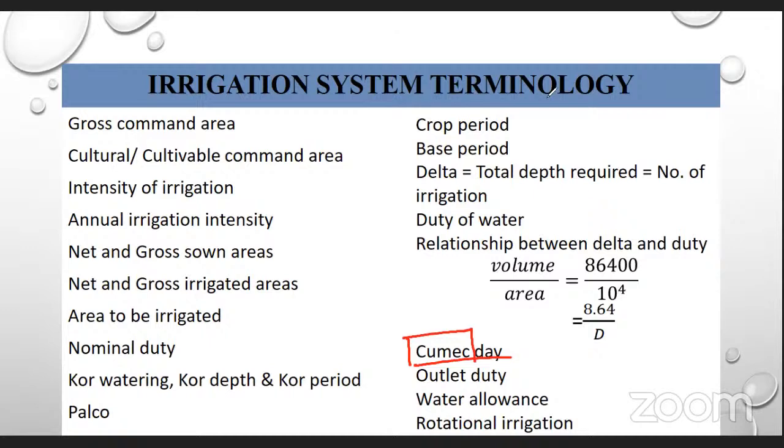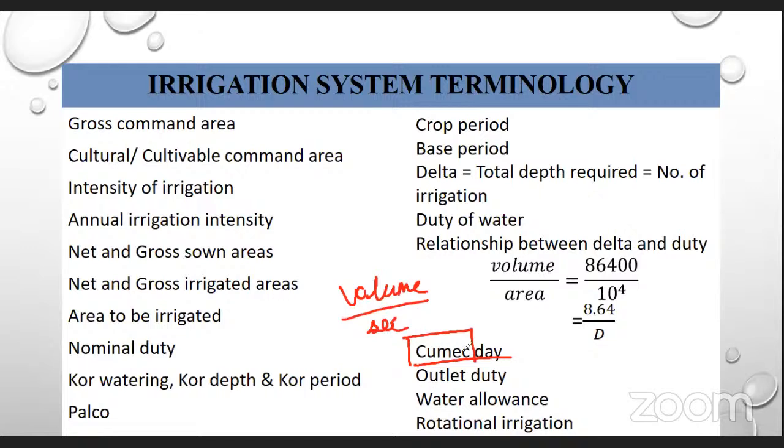Yeah, it's rate of flow, but what is the full form of QMAC? Measured by cubic. Yeah, what is the full form? Cubic meter in 1 second. Of course, it's correct. It's a cubic meter per second. Means how much volume we are irrigating per second. That is the cubic.